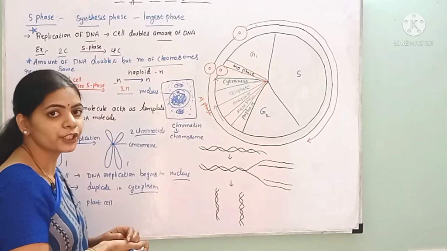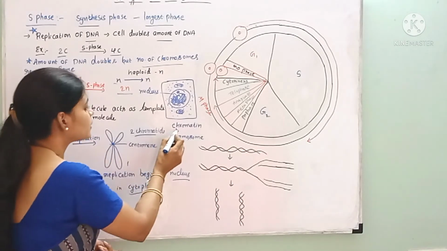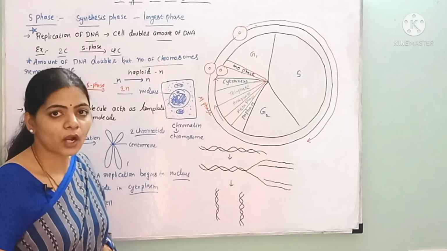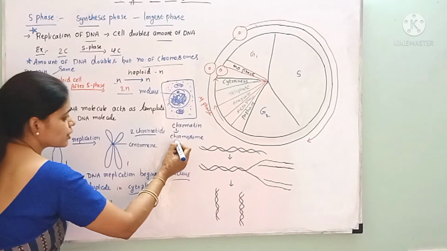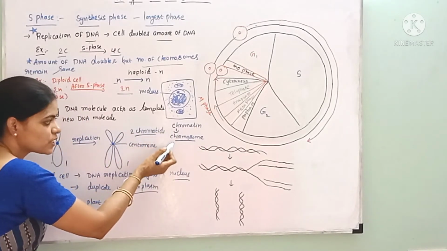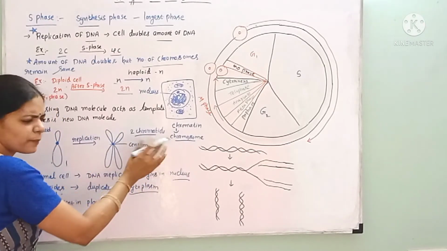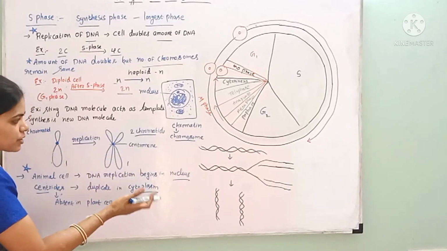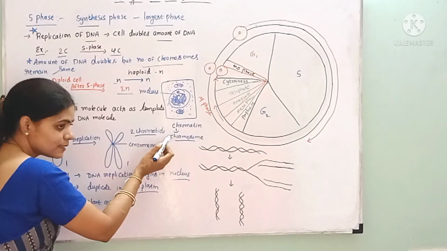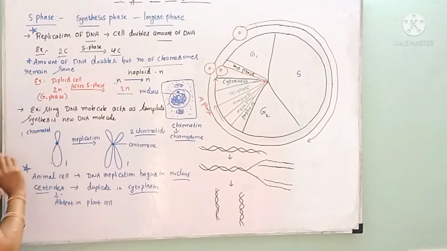This chromatin gets condensed, coiled around histone proteins, and forms a structure called a chromosome. The chromatin does not have any definite structure. So during cell division, the chromatin condenses and forms a definite structure called a chromosome. So this is the chromosome.